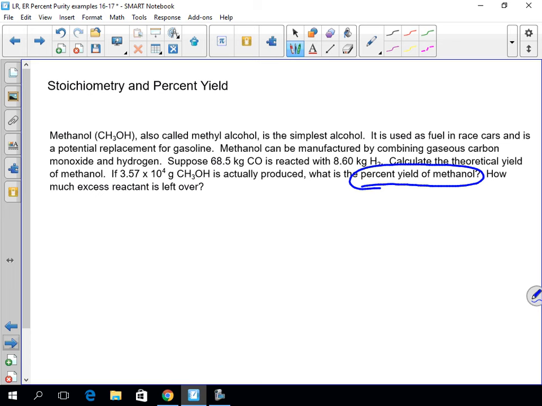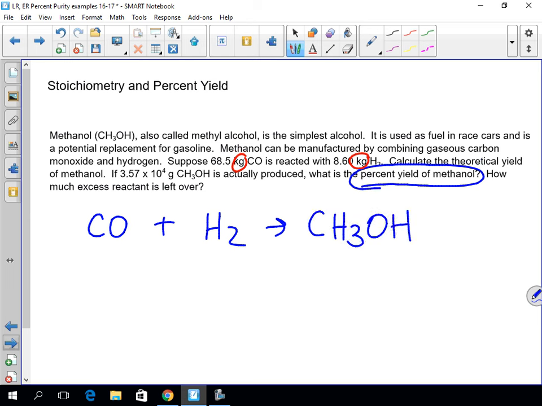Now, I will warn you, I've put some strange units in here. That kilogram and kilogram. You can't use kilograms. You got to make that grams first. So maybe just a little help here to get you started. We'll double check the balanced equation. I'm using methanol, the simplest alcohol.